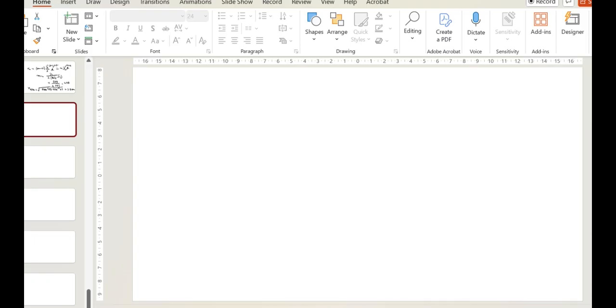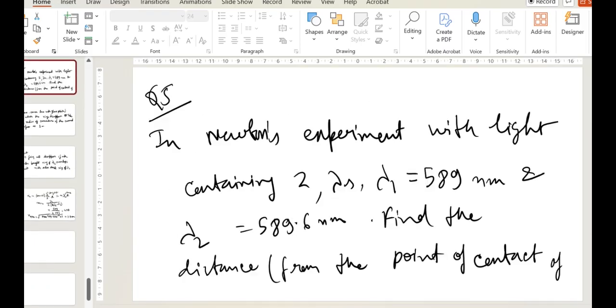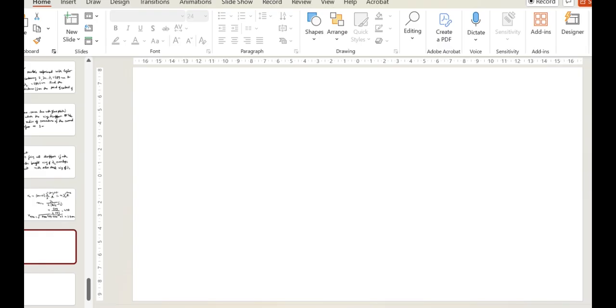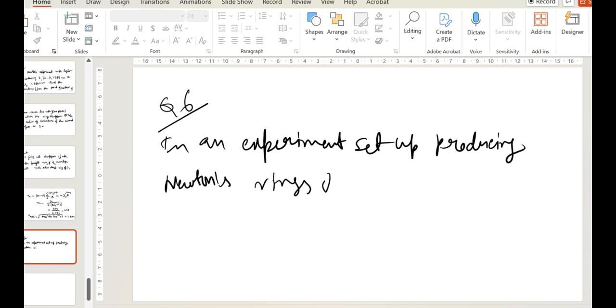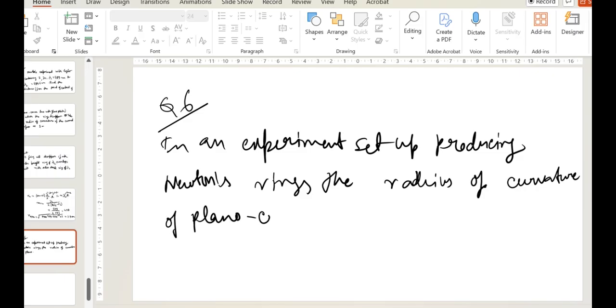So there can be another question, question 6: in an experimental setup producing Newton's rings, the radius of curvature of the plano-convex lens is 1.45 meter.